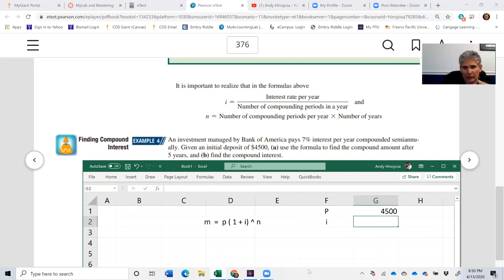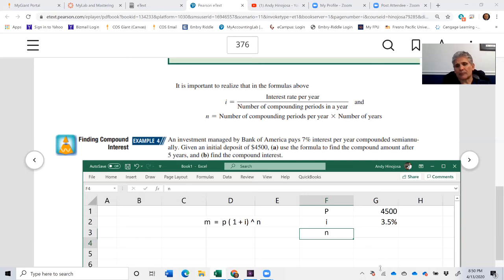I, now remember, I is interest, but it's interest per compounding period. So we're going to have to convert. It told us it's 7%. So we'll take the 7% and convert it to whatever the compounding interest rate is. It says compounded semi-annually, so we're going to have to divide that by 2. So it's actually 3.5%.